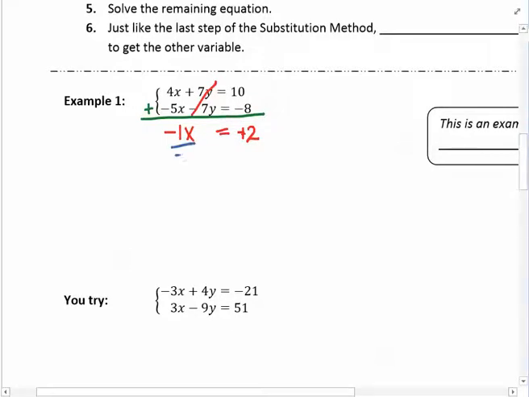All I need to do is divide both sides by negative 1, and we get that x equals negative 2. Now remember, when we're solving a system, we're looking for the point where the two lines cross, at least graphically. And a point is two numbers. It is an x and a y.